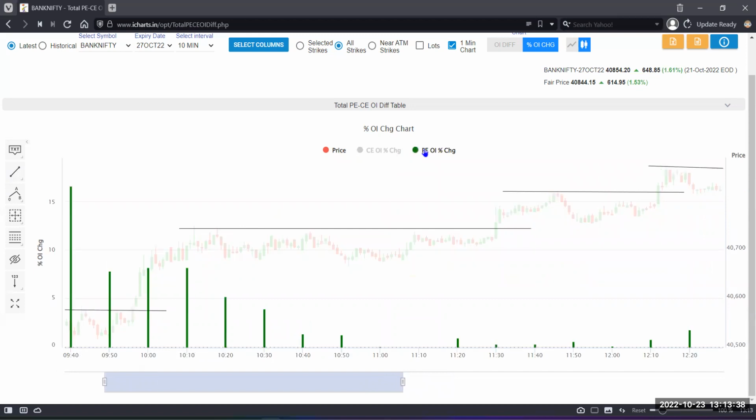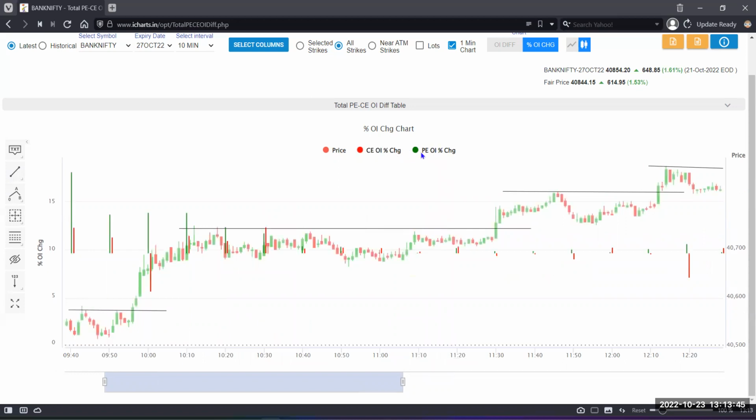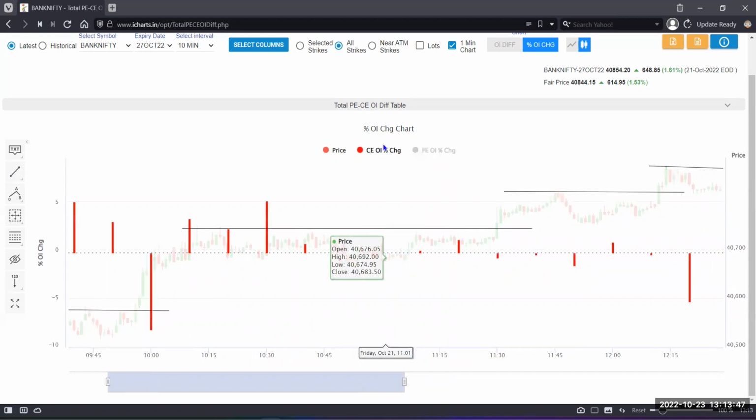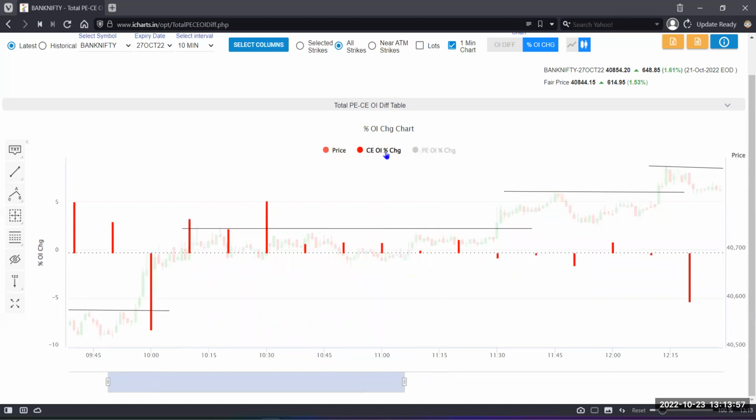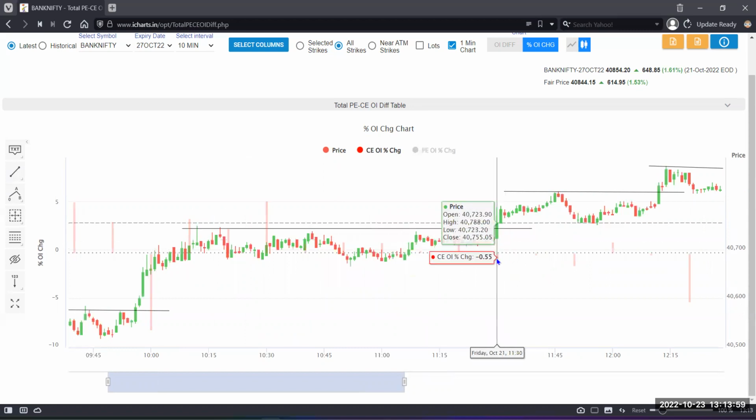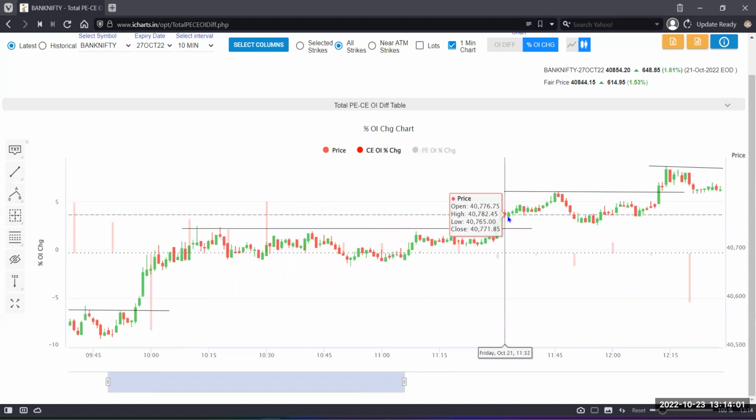Throughout the consolidation over here, we have not seen put side unwinding at all. Whereas call side, we have seen a build-up there, but build-up has decreased. At the start of the consolidation, big buildup was there, but over here it turned to unwinding. So the uptrend is continuing.